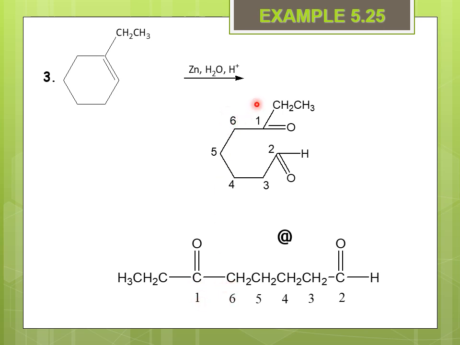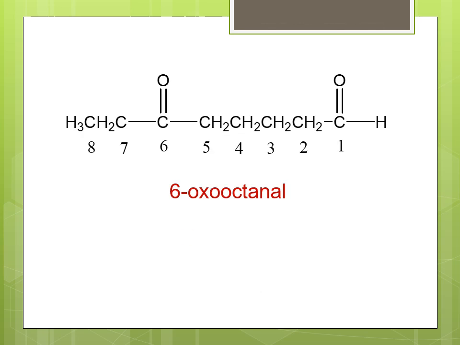And don't forget to draw the ethyl part, which is this one. And then 5, 4, and 3 would be the carbon in the middle here. And carbon number 2 is the one that is at the end, which is going to have a carbonyl group on it attached to 1 hydrogen. This is the aldehyde part, and this is the ketone part.